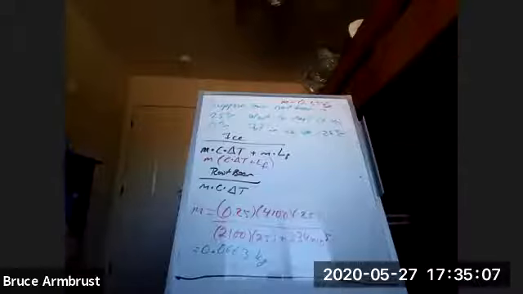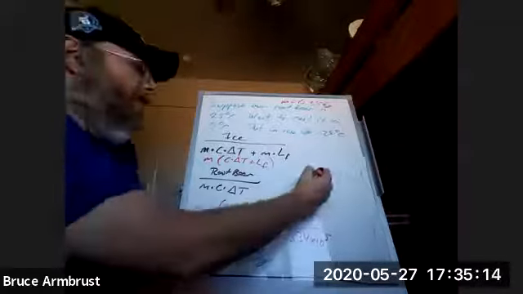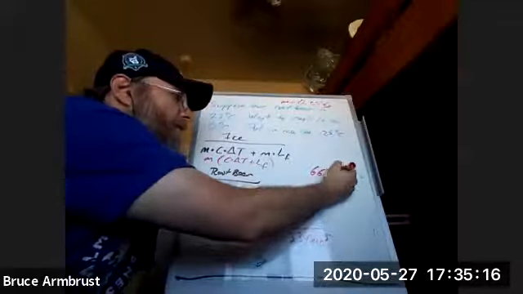All right, so check it out. If we started with ice that was at -25, we need 66.3 grams.